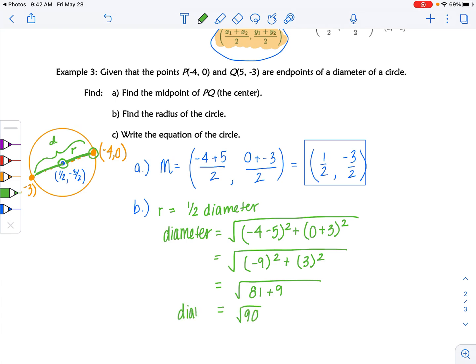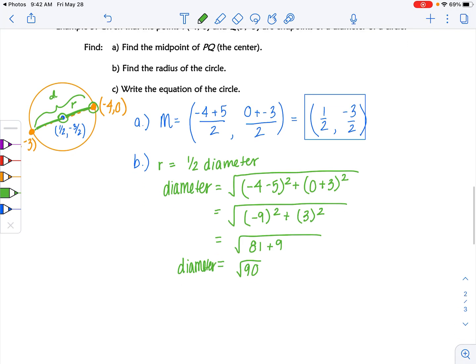Keep in mind that's the diameter. There we go. So in order to find what the radius is, we have to divide by 2. This is really 3√10 when you simplify that radical. And now I have to divide it by 2. Therefore, my radius, as weird as it looks, is 3√10 divided by 2.